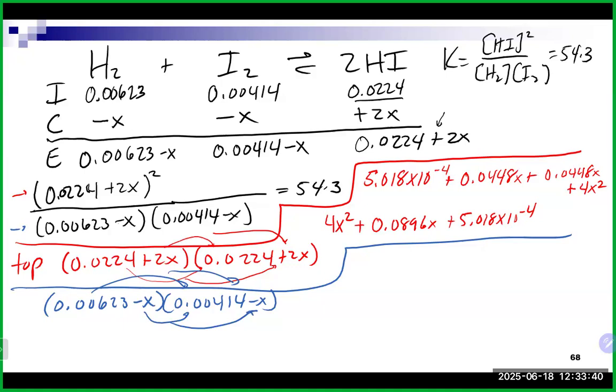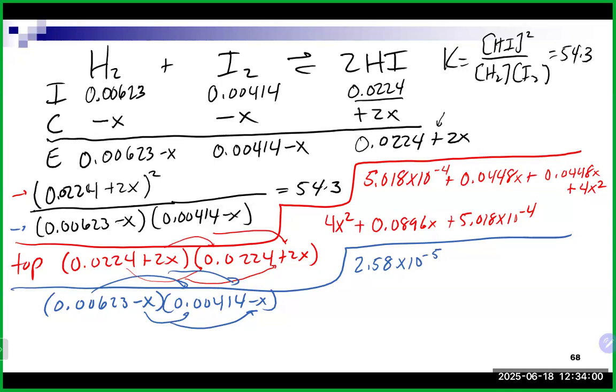So we're going to go 0.00623 times 0.00414. That is going to get me, again, I can go scientific notation on this one, 2.58 times 10 to the minus 5.